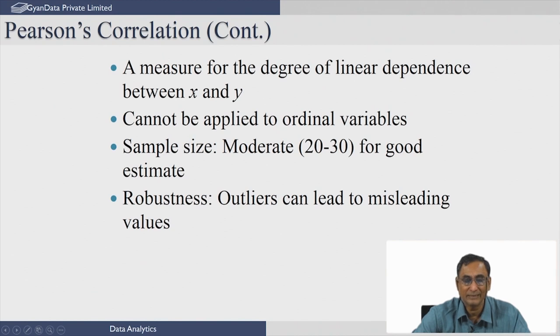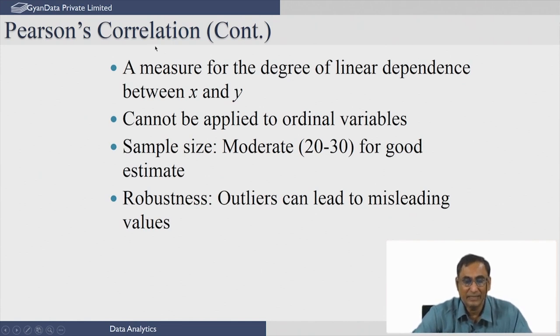If y is increasing with x, then we say it is a positive correlation, as we saw in a figure. If y is decreasing with x linearly, then the correlation coefficient will be close to minus 1. On the other hand, if the correlation coefficient is close to 0, all we can conclude is perhaps there is no linear relationship between y and x, but perhaps there is a non-linear association. We will come to that a little later.